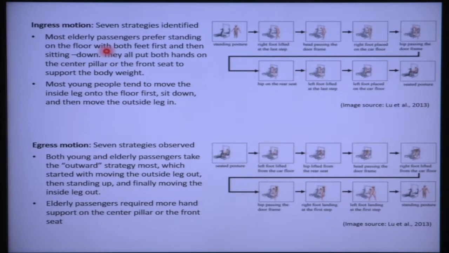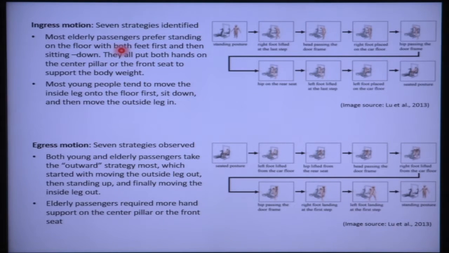But elderly people generally prefer to first stand on the floor beside that vehicle door and then with both feet they move towards the vehicle and then sit down on the vehicle. After that they put both hands on the center pillar or the front seat to support the body weight.